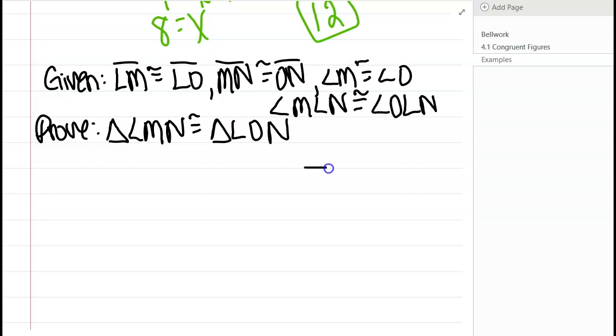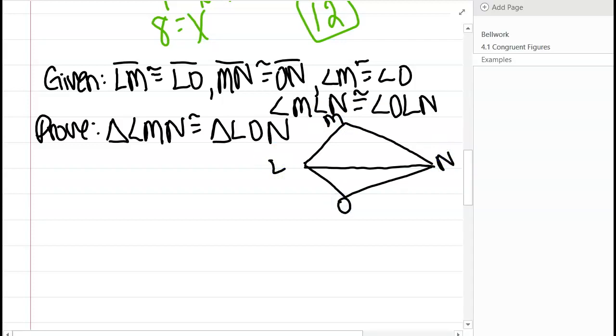So the picture is going to be two triangles that look like this, kind of sitting on top of each other like that. And the vertices are going to be labeled L, M, N, O, like that.